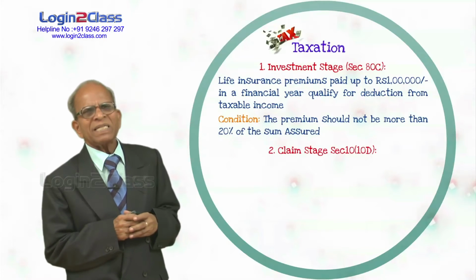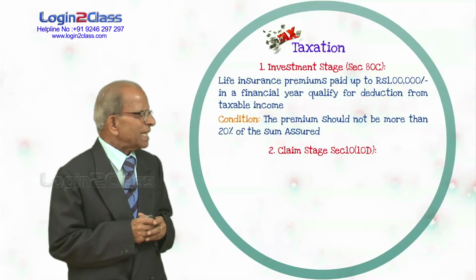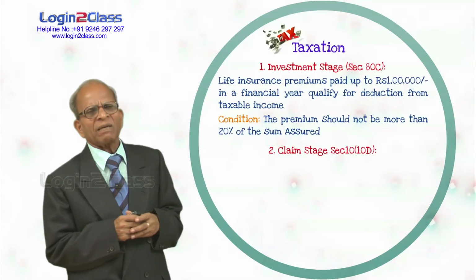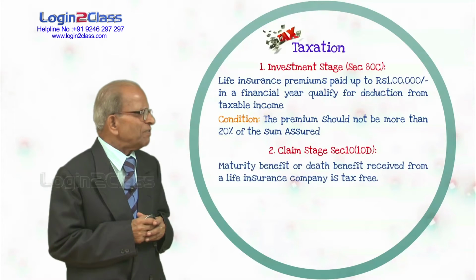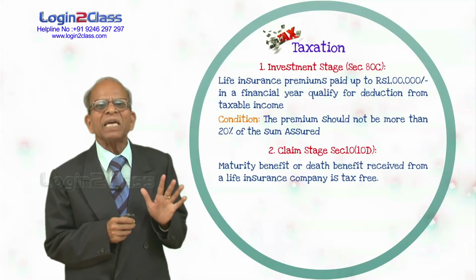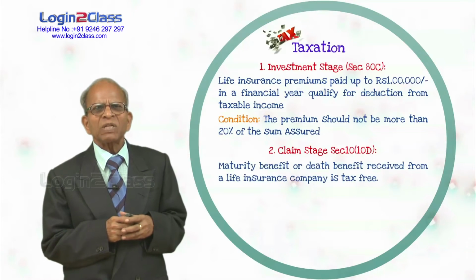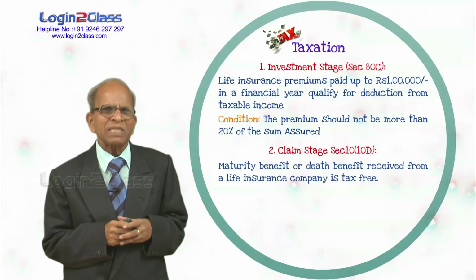Second thing, claim stage. At the claim stage, what are the exemptions we are getting? Section 10(10)(d) of the Income Tax Act 1961: maturity benefit or death benefit received from a life insurance company is tax free. I got a sum assured of 3 lakhs from the insurance company, maturity proceeds of my policy.